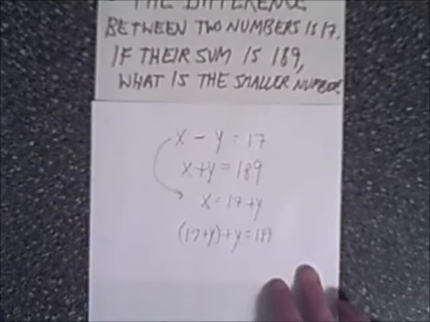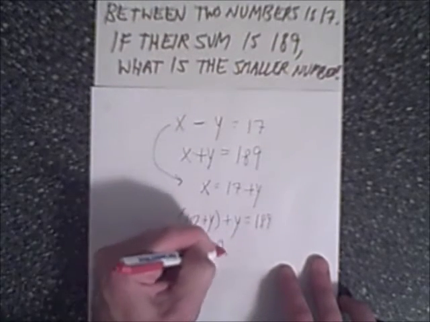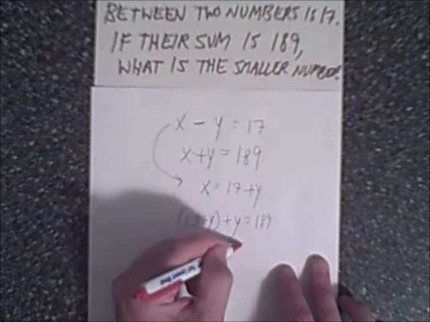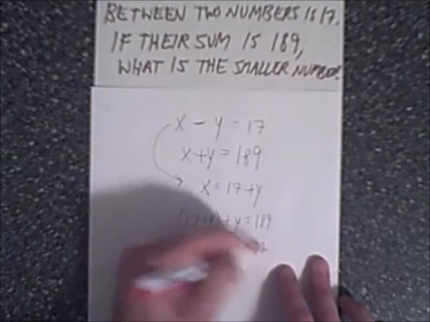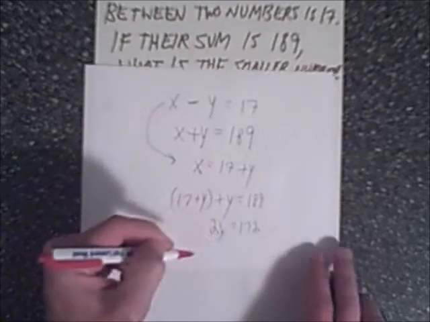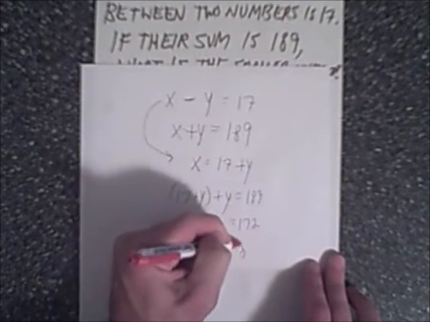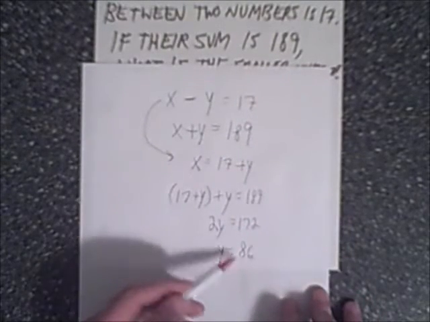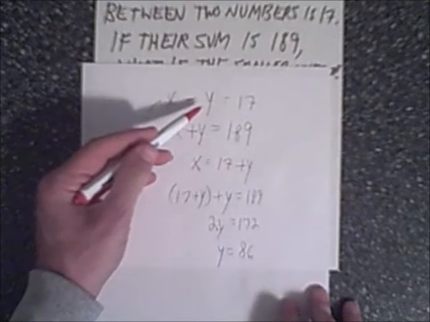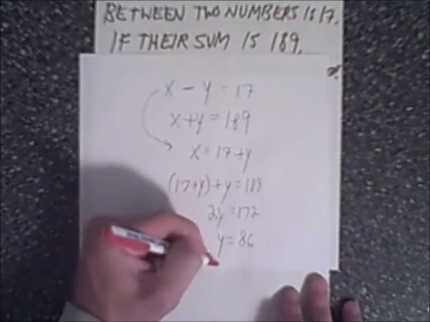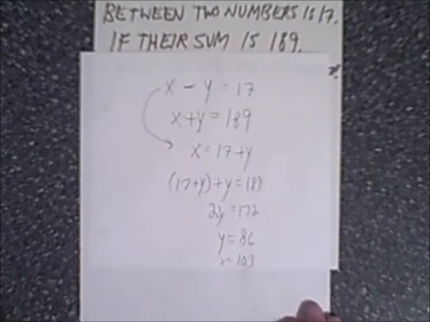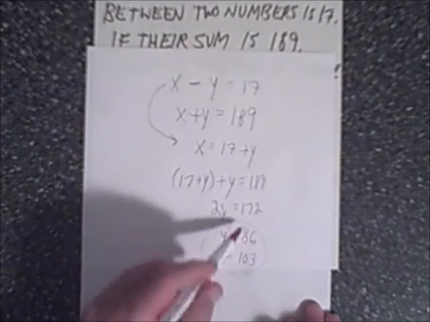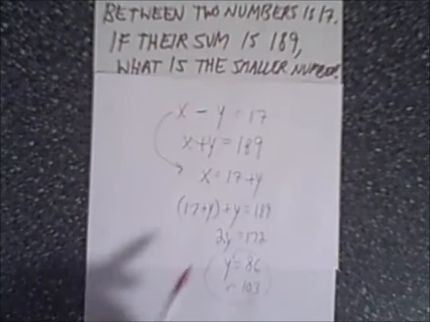And then simple algebra, straightforward, 2y equals, and subtract 17 from both sides, equals 172. Therefore, y is equal to 86. And if y is 86, we go back to our original equation, and that must mean that x equals 103, because the difference is 17. And again, the difference is 17, and the sum is 189.